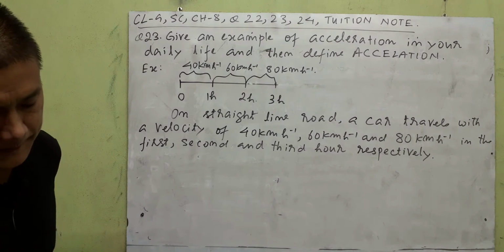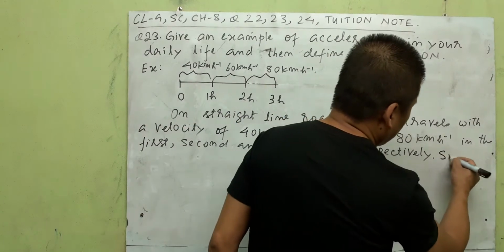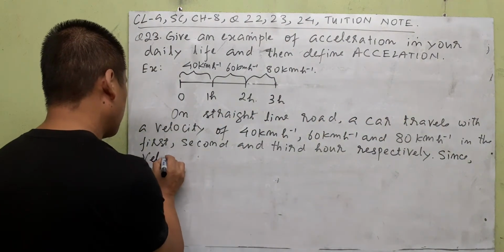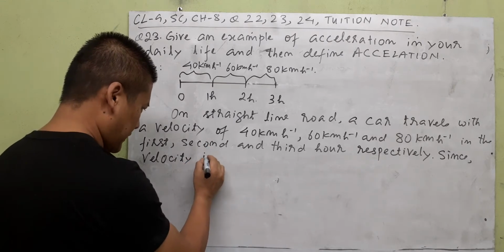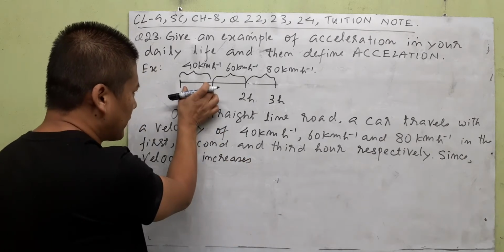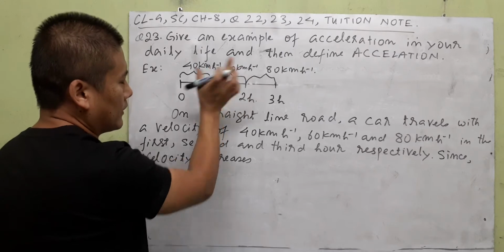Since velocity increases after each hour, we can see very clearly velocity is changing, and in what manner? In the manner of increase, right? 40 km per hour velocity in the first hour. In the second hour, it has increased to 60.